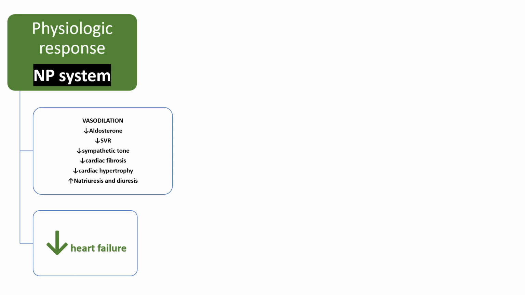And this is a long-lasting result. Keep in mind that levels of natriuretic peptides, such as BNP, or the beta type natriuretic peptide, are released in heart failure and they are used in the diagnosis of heart failure.